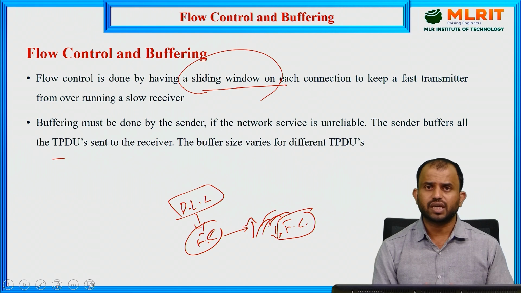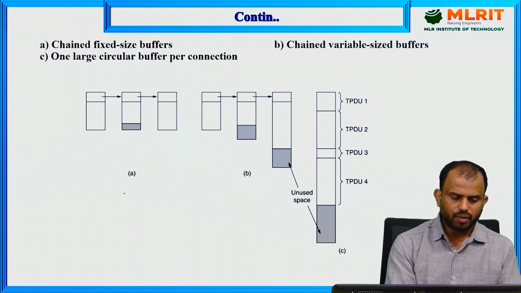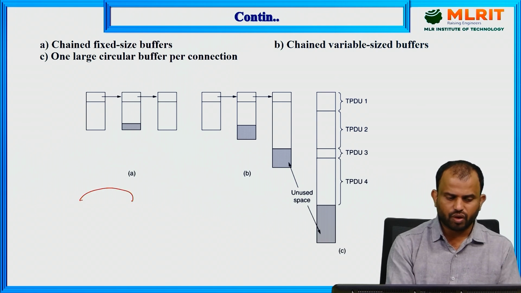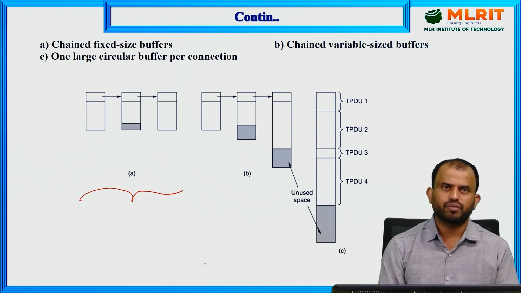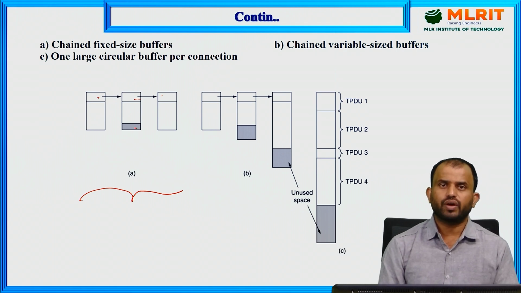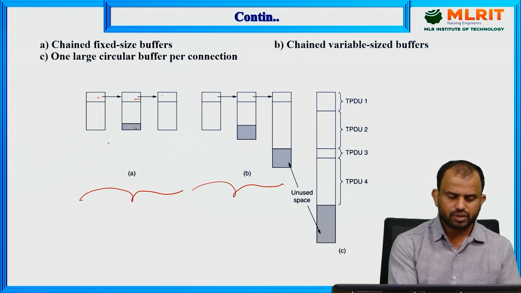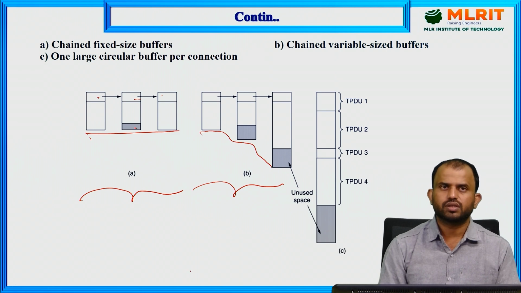For example, we have a fixed size buffer, where a fixed amount of buffer size is there. But when we change the mechanism, the size may be variable. Previously you had the same length, but here the length may change, in the form of a variable size buffer.